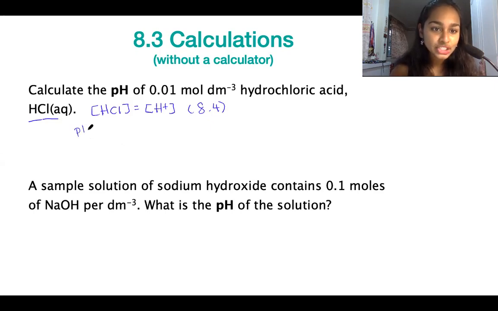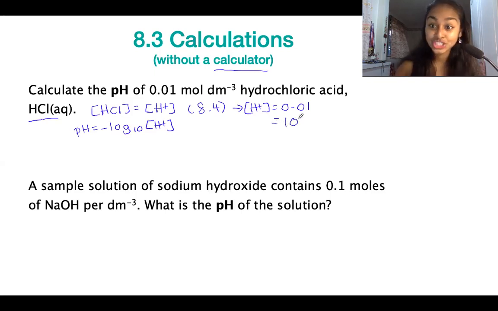Remember, pH equals negative log to the base 10 of H+. And what we've been given is the concentration of hydrochloric acid. So here I know that the concentration of H+ is 0.01, and if we're doing this without a calculator, it's usually worth converting this to standard notation, so 10 to the minus 2. The reason it's 10 to the minus 2 is because I've got 2 decimal places.